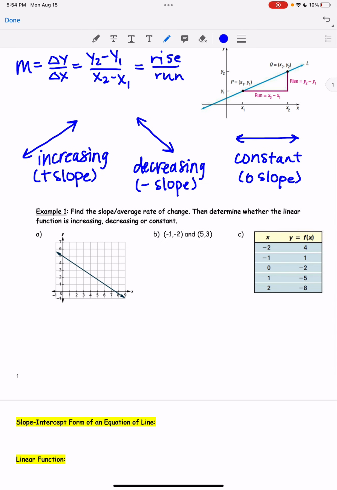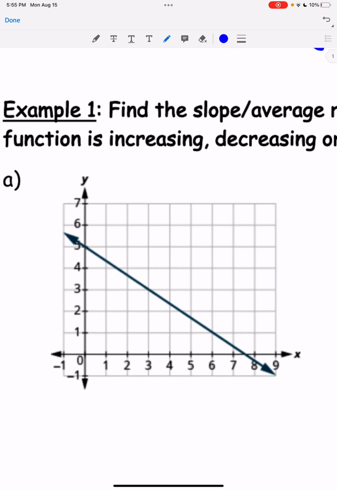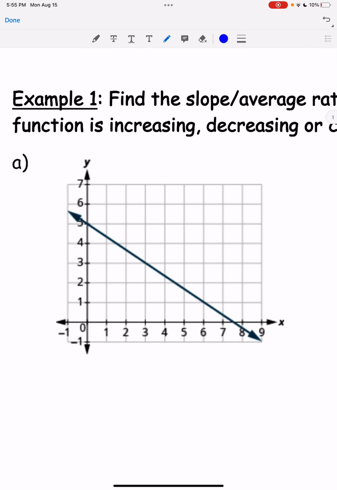So in example 1, it asks us to find the slope, or average rate of change. Again, if they said constant rate of change, same thing. And then we need to determine whether the linear function is increasing, decreasing, or constant. So in this first one, because it's a graph, we're going to use our rise over run. So let me zoom in here. You want to find a spot on this line where it is crossing a coordinate exactly in the middle.